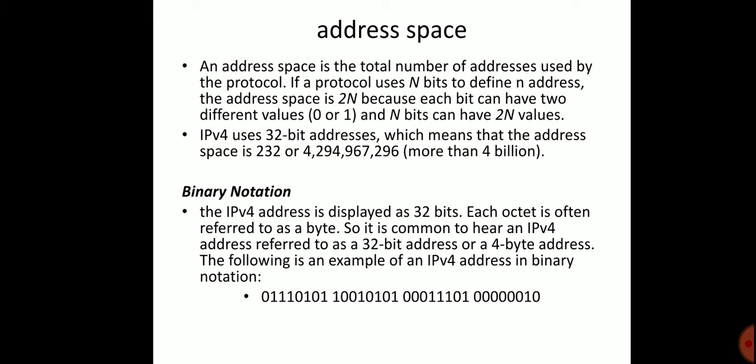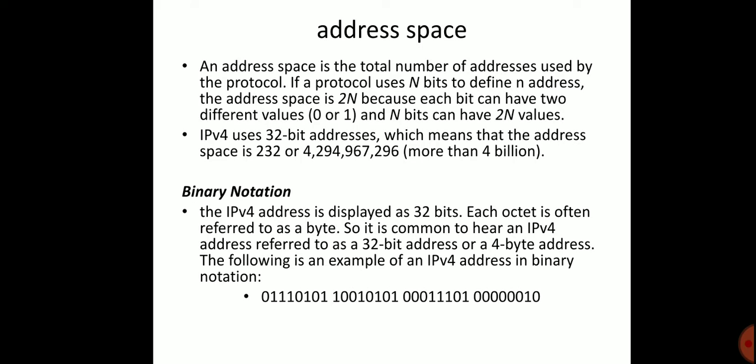Now we see the address space of IPv4. An address space is the total number of addresses used by the protocol. If a protocol uses n bits to define an address, the address space is 2^n, because each bit can have two different values, 0 or 1, and n bits can represent 2^n values.